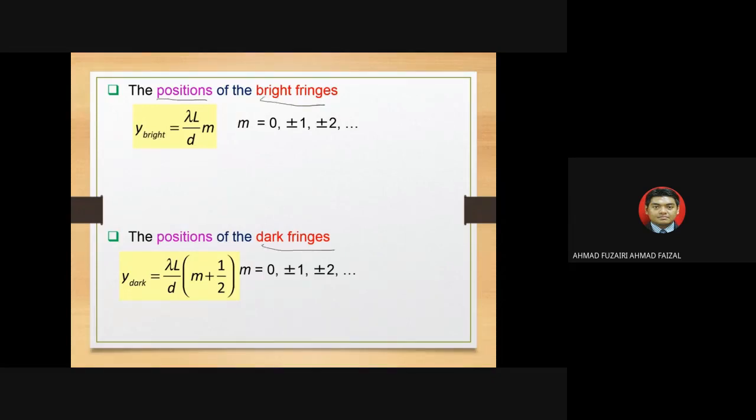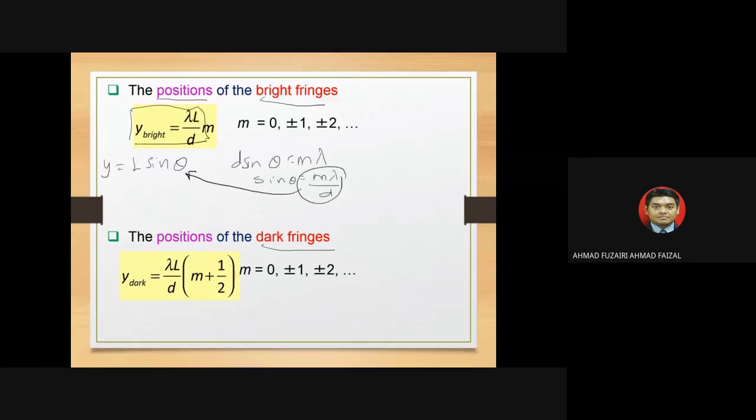So, how do we get the equation for the position? In the previous slide, we have the equation y equal to L sine theta. We also have the equation d sine theta equal to m lambda. So we substitute sine theta equal to m lambda over d.